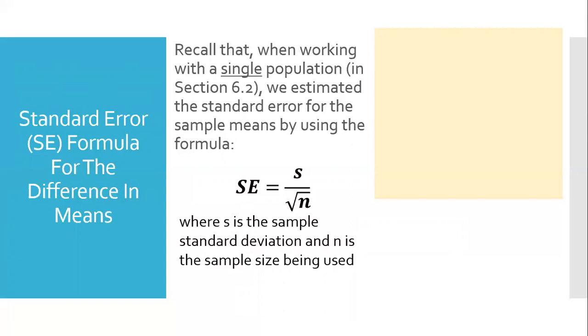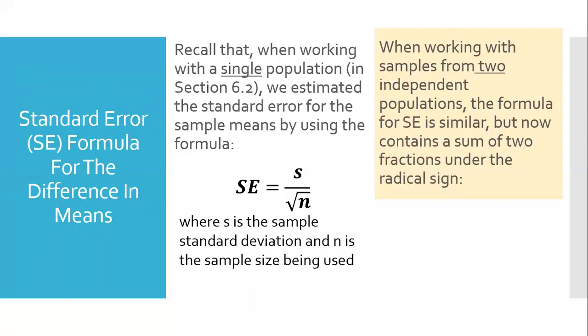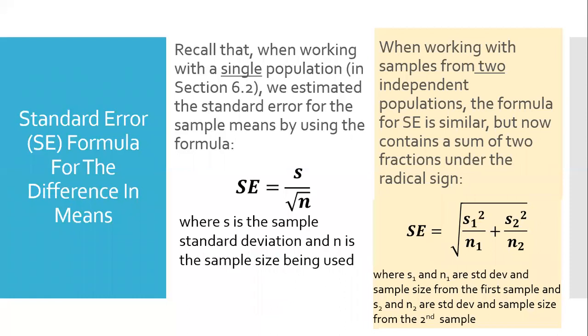But here we have two populations with samples being taken from both of them. When working with samples from two independent populations, we're going to see that we have a similar formula, but now we have a sum of fractions underneath our square root sign. We're going to have the square root of s1 squared divided by n1 plus s2 squared divided by n2.